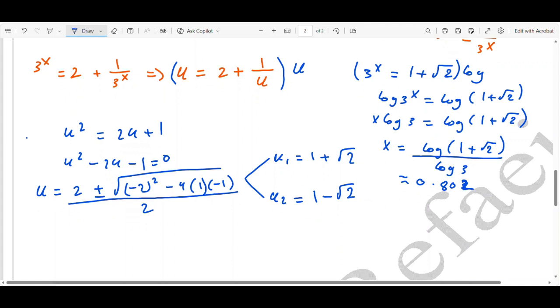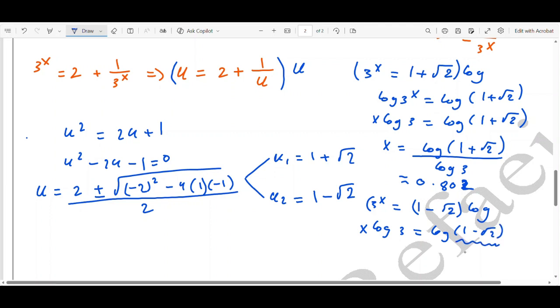3 to the power x equals 1 minus root 2. I'm going to multiply both sides by log. Same steps. X log 3 equals log 1 minus root 2. By the way, this is a negative value.